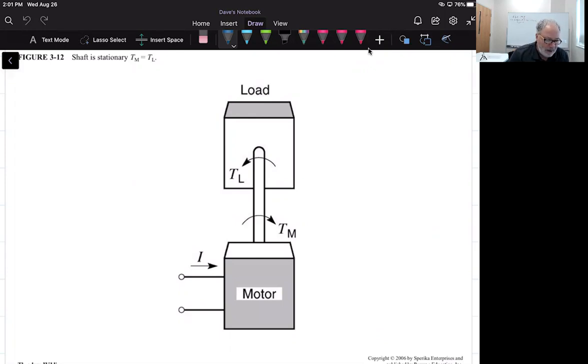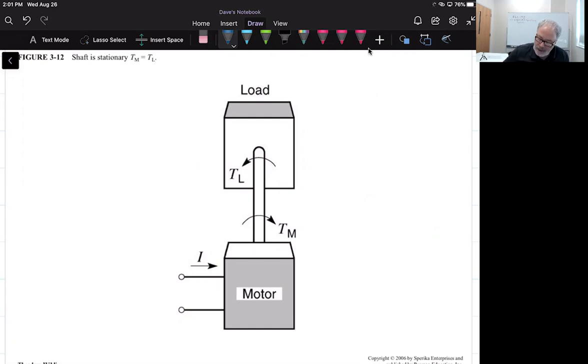So we'll be looking at the torque developed by the motor, the torque exerted by the load, and then there's another component that we'll be looking at in terms of the speed. These are the three areas that we're going to look at under three different conditions.